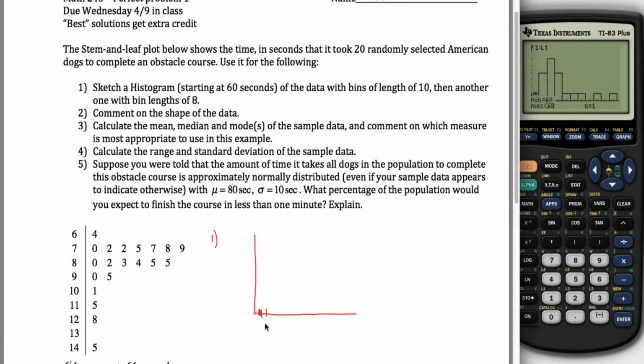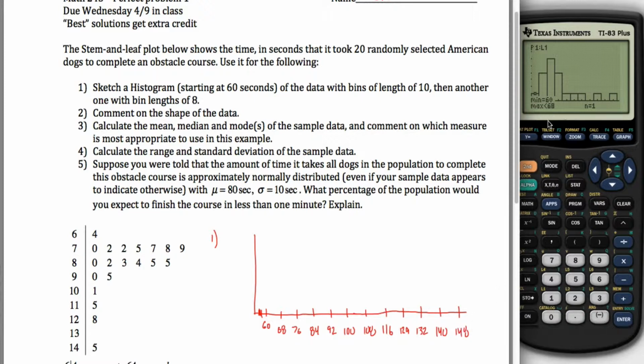So I got from 60, 68, 76, 84, 92, 100, 108. Now, keep doing this until you get big enough for a bin for 145: 116, 124, 132, 140, 148. That'll work.